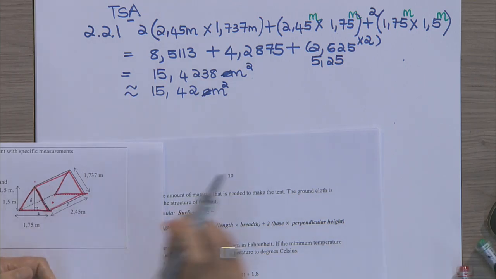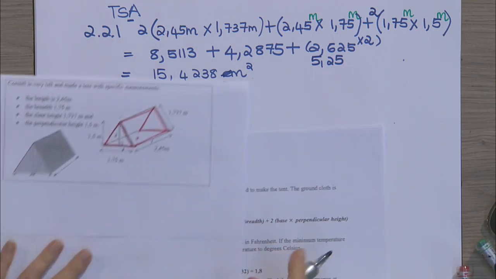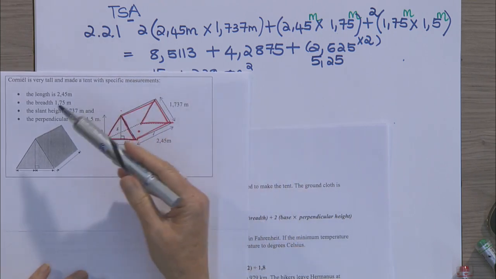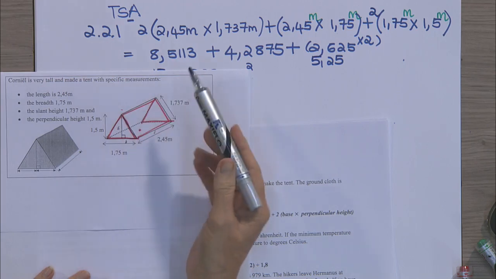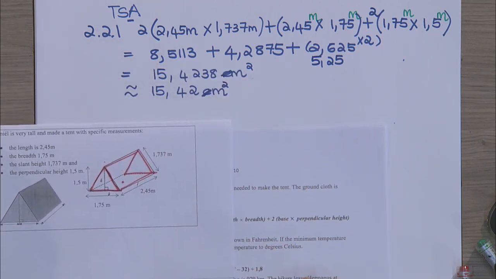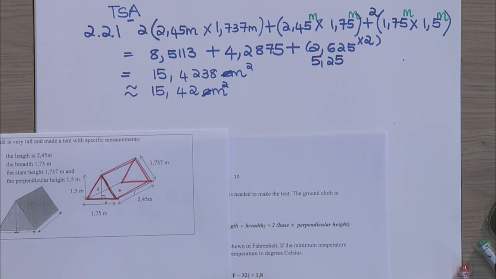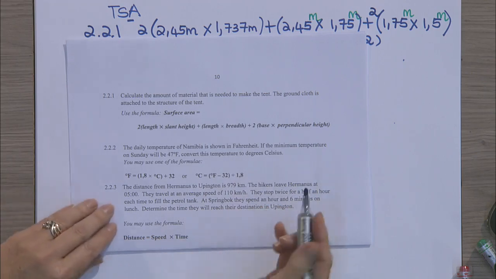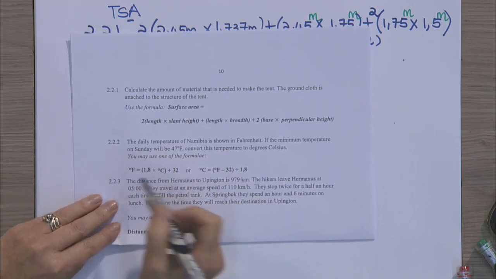So it is meters squared. So we worked out the cloth that Cornel was going to buy to make the tent. That's the total amount of meters squared that he needs to buy. Then we continue to the next question.